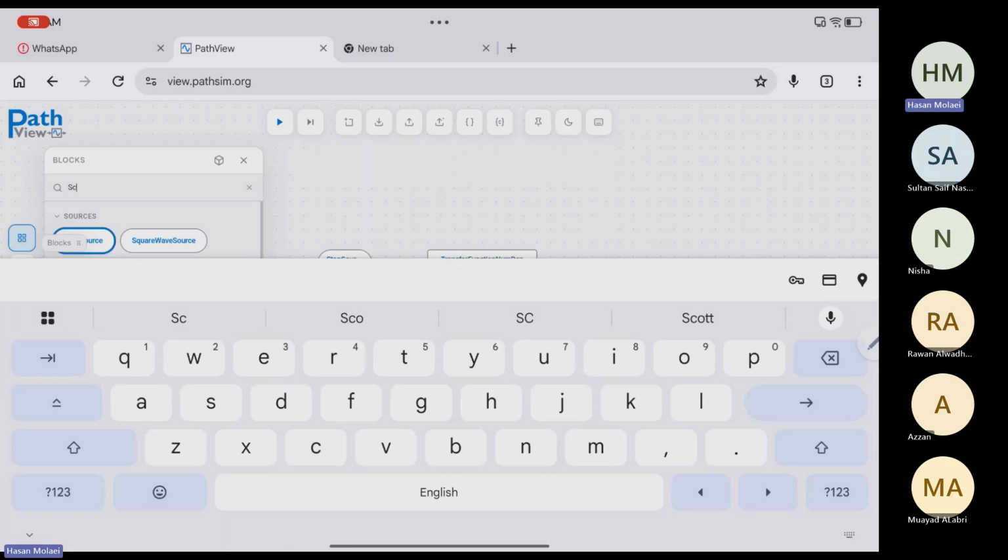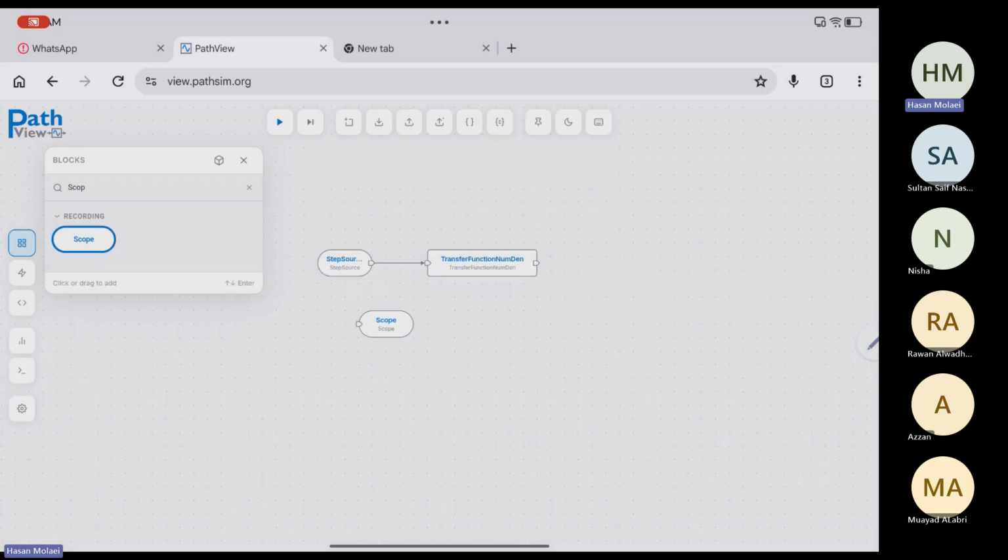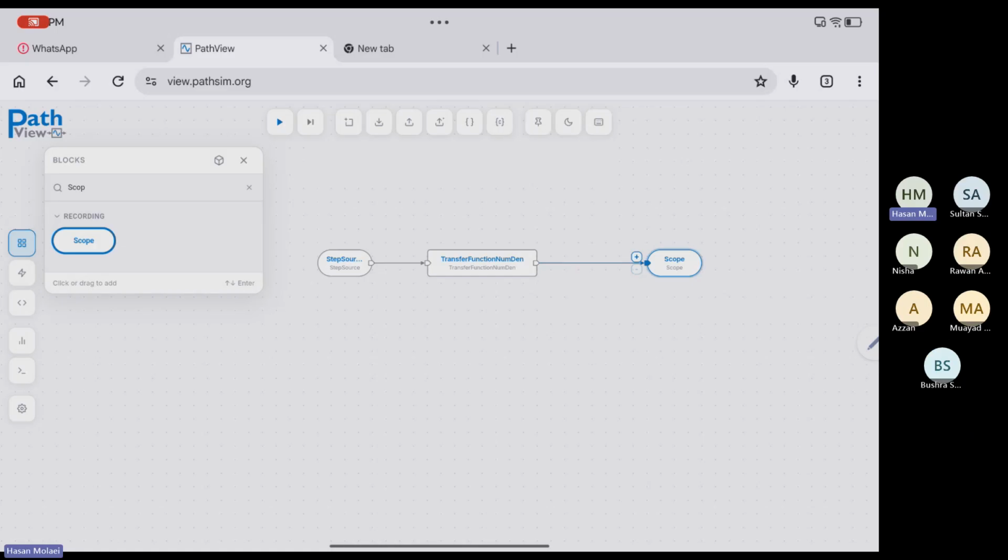And I need one oscilloscope to see the time domain signal. Okay, please do that and tell me how much is your delay time. Beginning, how much is the delay time?